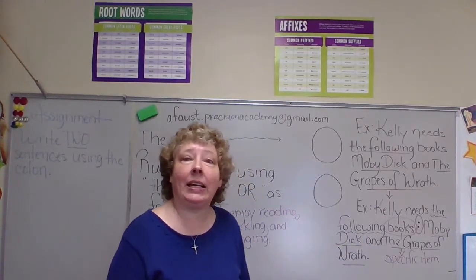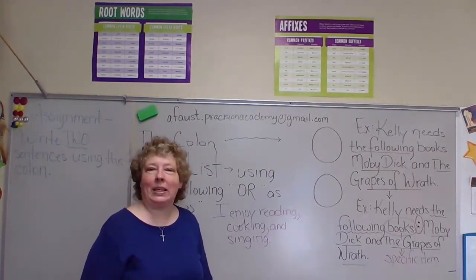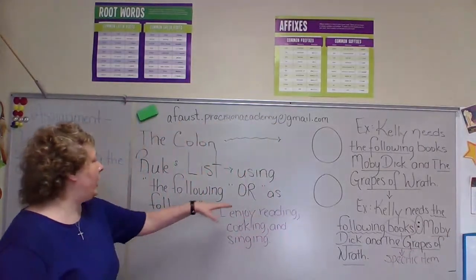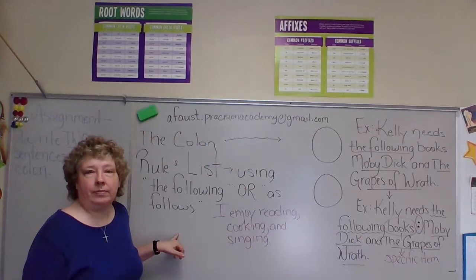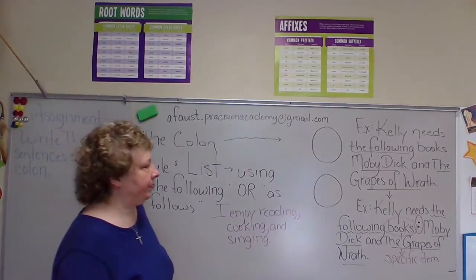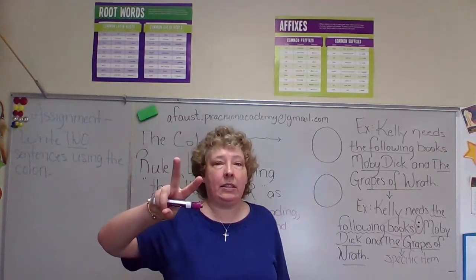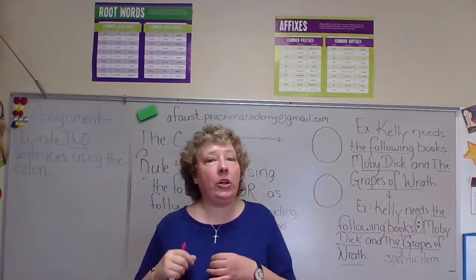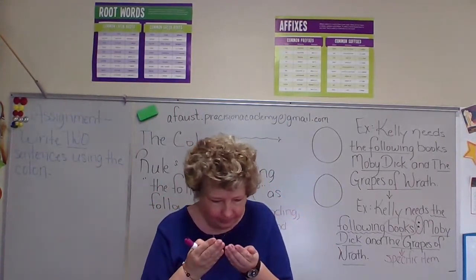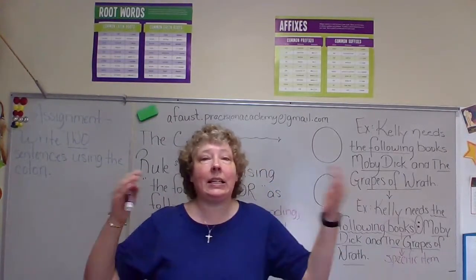You would have that comma rule, so to speak. Does that make sense? And the same goes for as follows. The same way. So those are 2 phrases that tell the reader or the listener a colon is coming up.